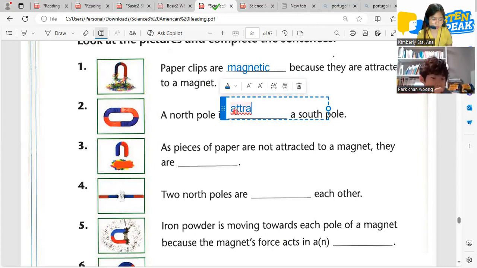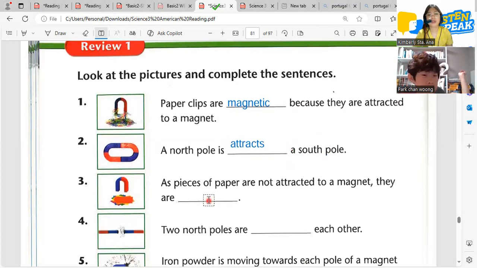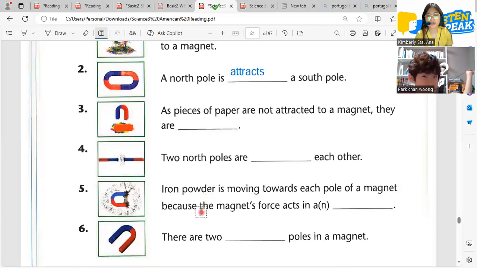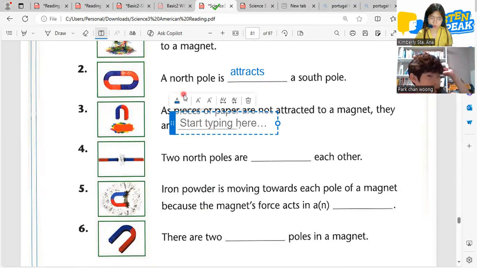How about number 3? Pieces of paper are not attracted to the magnet. They are non-magnetic. Non-magnetic.